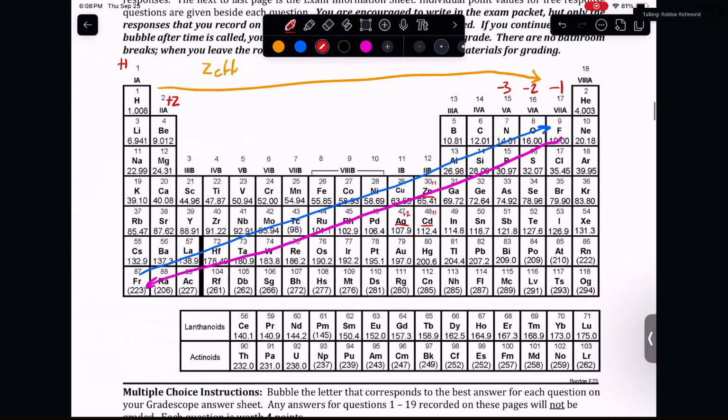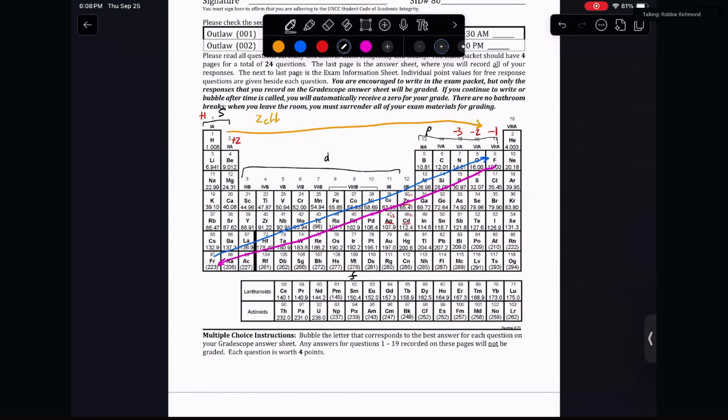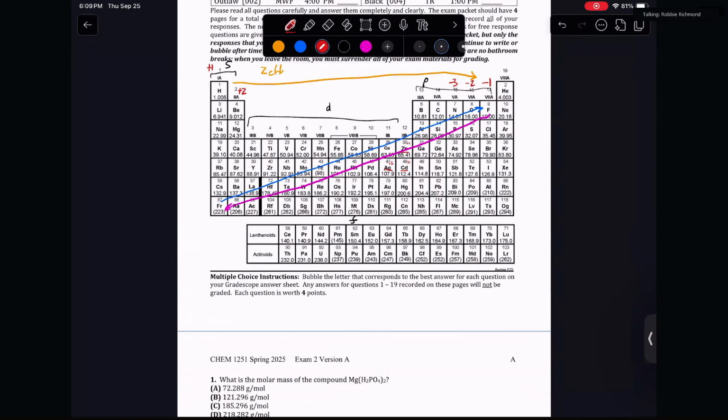Now, if you want, I would also write down, this is S, this is D, all of these are P, and I doubt you're going to be asked about this, but the lanthanoids and actinoids are F block elements. Cool.